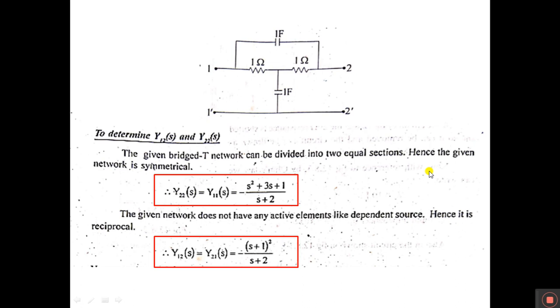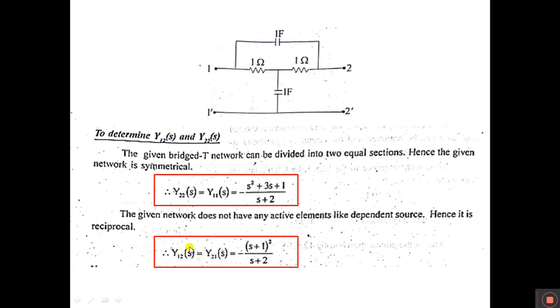And the advantage of this circuit is that it is symmetric. What is symmetric? You can draw a line here; if you draw a line, the left hand side and right hand side have the same values. That is called symmetric. So there is no need to apply a voltage source here and short circuit there. Directly you can write the answer. Y22 equals Y11, the same equation.